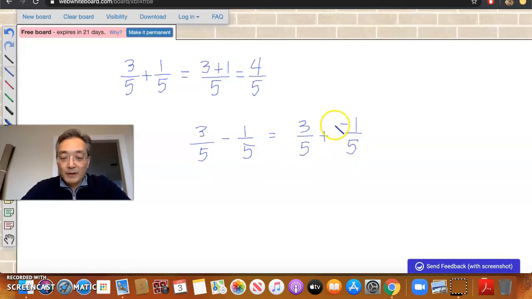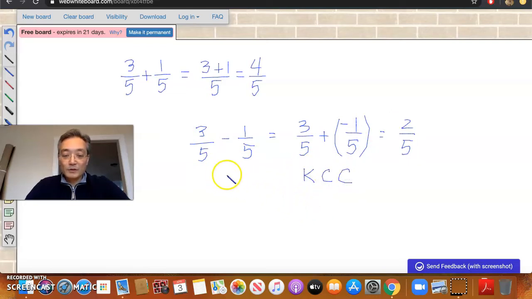It's the same thing. Once we convert that into an addition, then we can just add the numerators again. So it's 3 plus negative 1, which is 2/5, correct? Remember, this is just keep, change, to change from a subtraction to an addition.